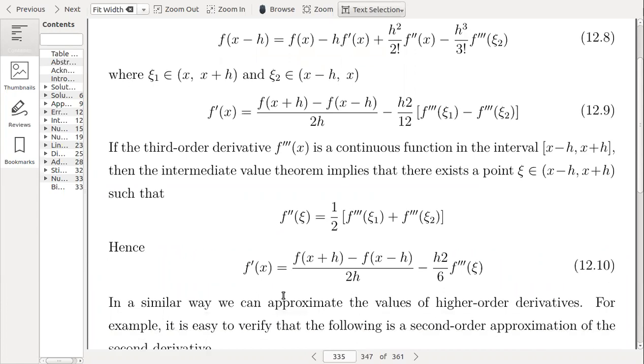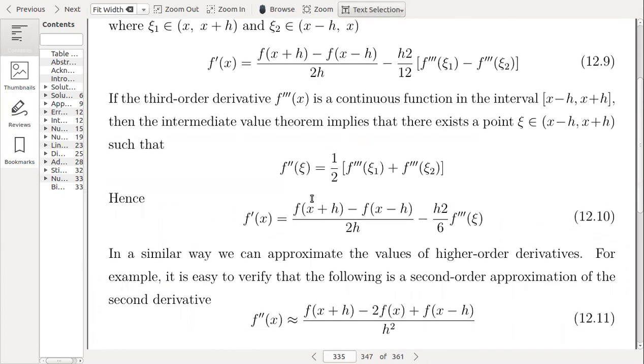Hence, f prime of x is equal to f of x plus h minus f of x minus h over 2h minus h square over 6 f triple prime of xi.